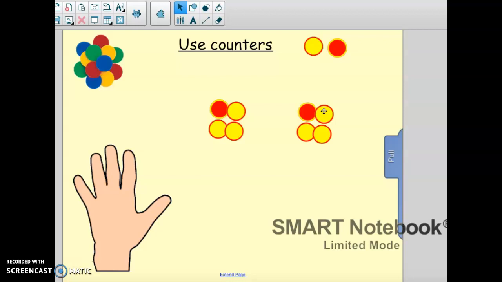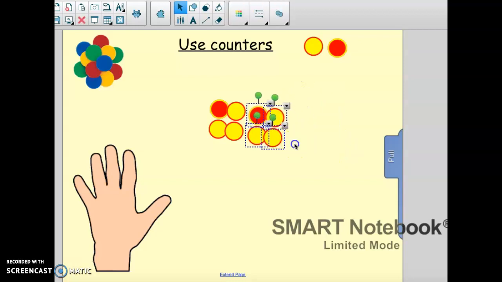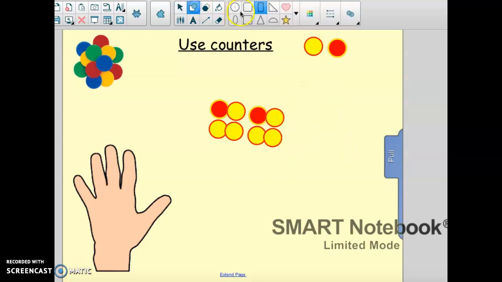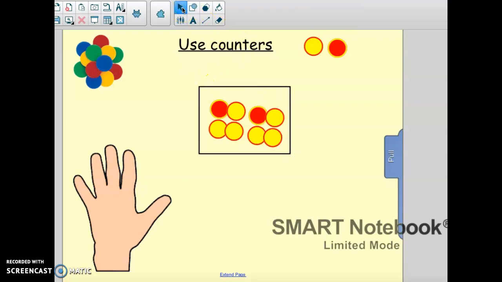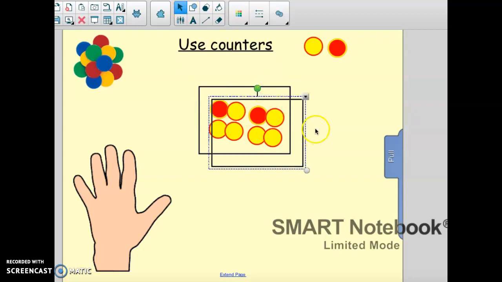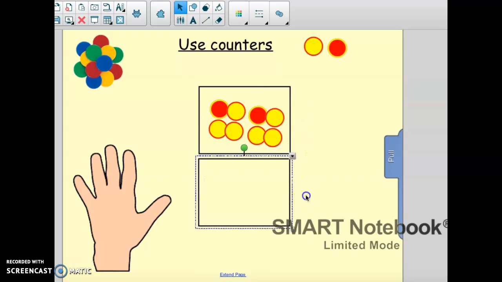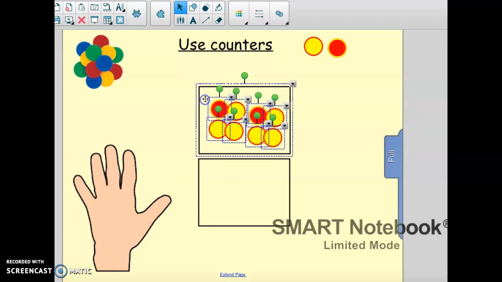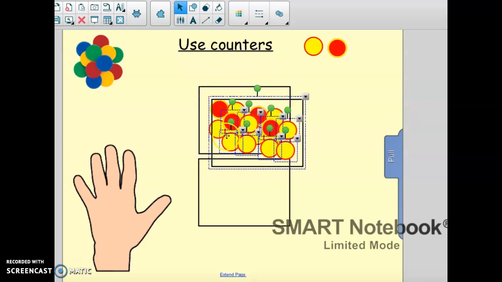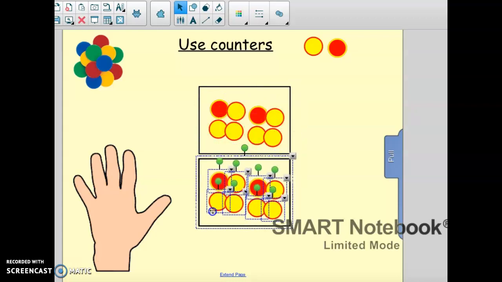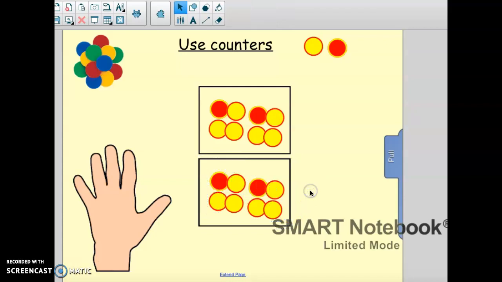Try this one. There are 8 crayons in one box. I'm going to put these in a box. How many crayons are in 2 boxes? That's right. There are 8 crayons in each box. So all I have to do is think about 8 twice.